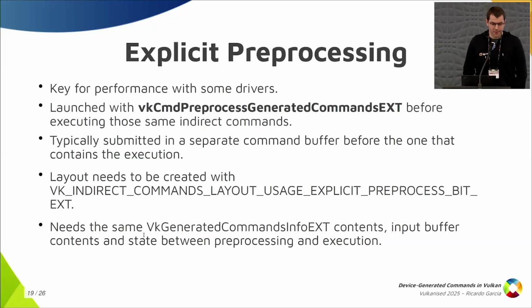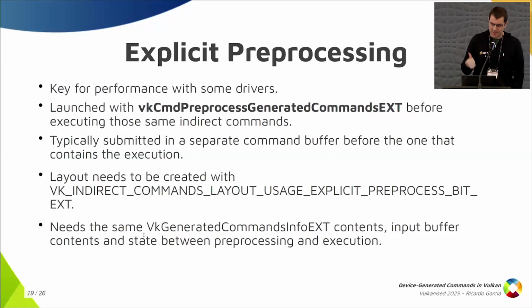Now, when you use explicit preprocessing, you don't want to record the state, then call preprocess generated commands, and then call execute generated commands, because that is what implicit preprocessing does. So this doesn't give you anything if you do it this way.